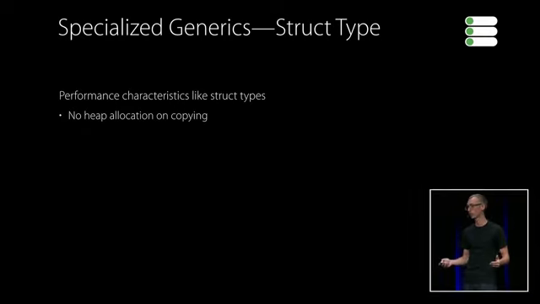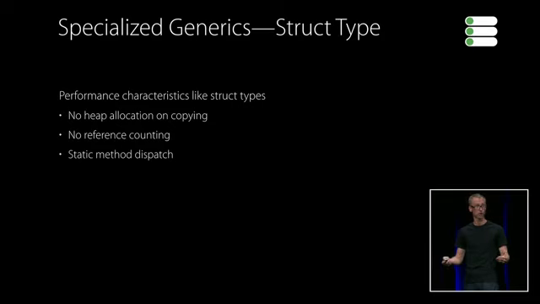In this case, we have performance characteristics identical to using struct types because, as we just saw, the generated code is essentially as if you had written this function in terms of a struct. No heap allocation is necessary when we copy values of struct type around. No reference counting if our struct didn't contain any references. And we have static method dispatch, which enables further compiler optimization and reduces your execution time.